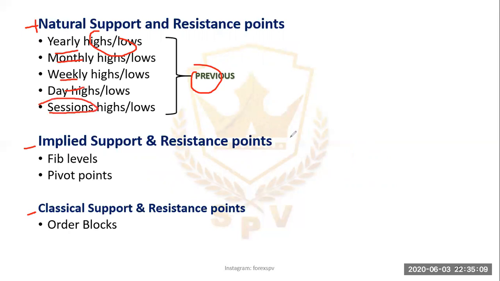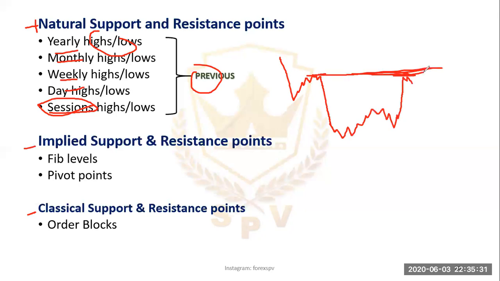Because sometimes you may find yesterday the market makers formed the high on the New York session, and they ended the day with consolidation. The next day, we find the stop point is around this previous day New York high, and then the market falls. So these are also natural support or natural resistance areas.